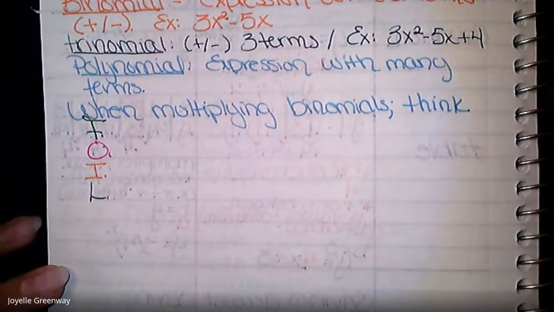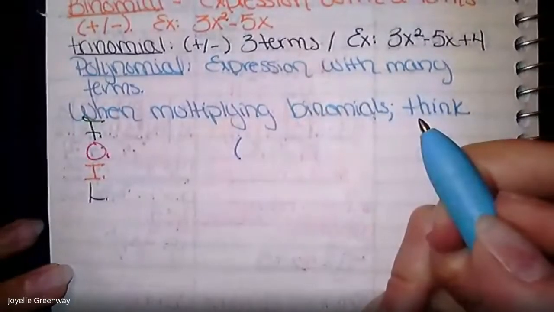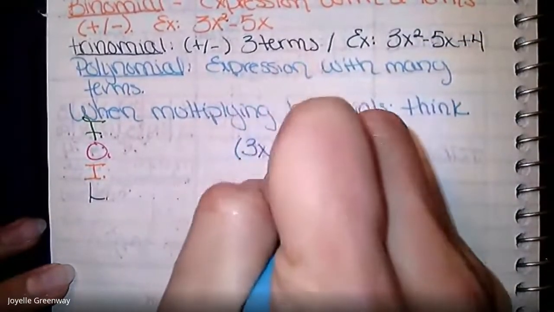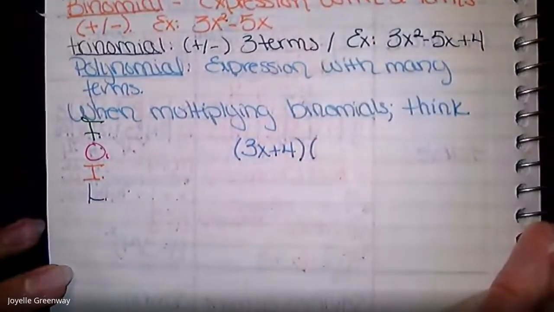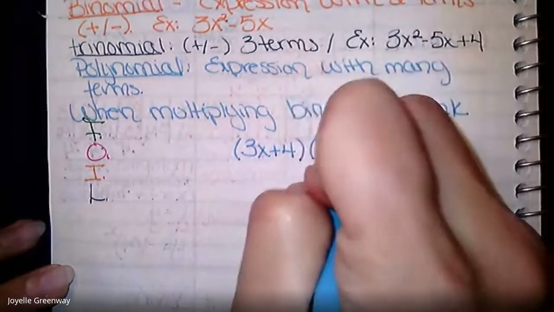So let's take the binomials 3x plus 4, and we're going to multiply that by the binomial 2x minus 5.